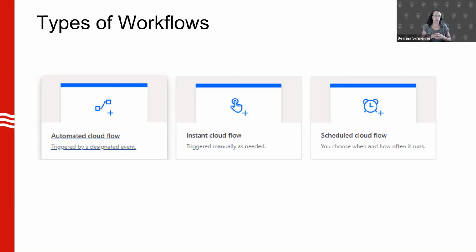What we typically do there, and we learned this the hard way, so don't make our mistake: when a new list item is added, if you wanted to do an approval workflow, for instance, you could write the flow so that it just kicks off automatically when the new list item is added. Or you could write it as an instant flow that requires the user to click a button to set that approval off.